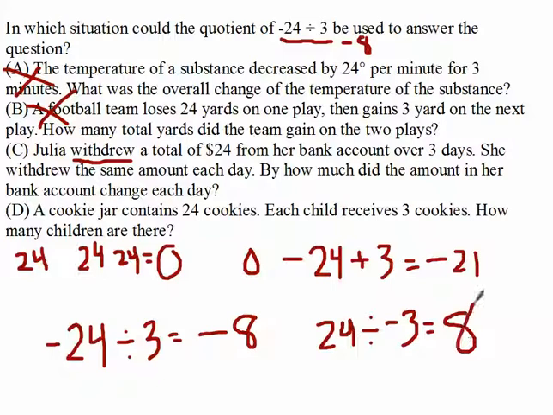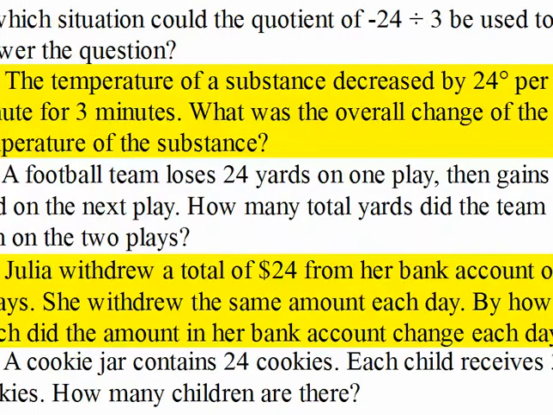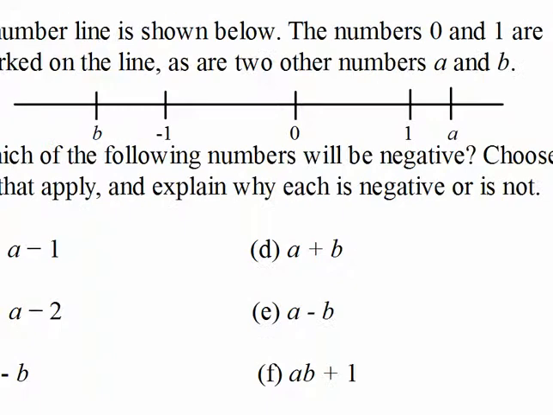And that tells me that there are 8 children. Let me rephrase that. I would be giving away, so this value doesn't matter. I want to know how many children there are. There are not negative children. We're going to skip this problem.